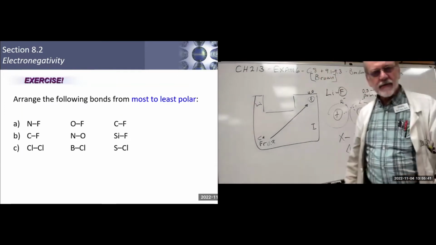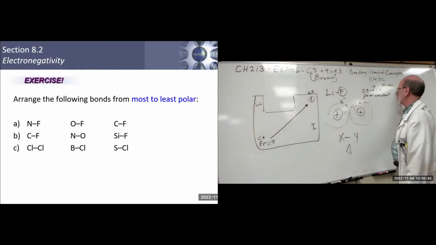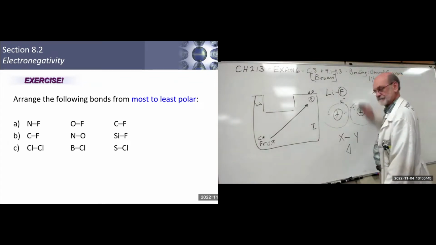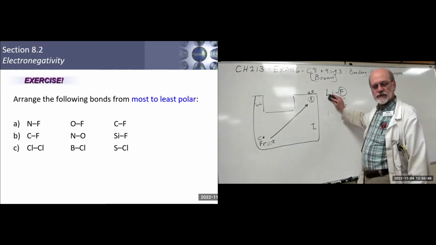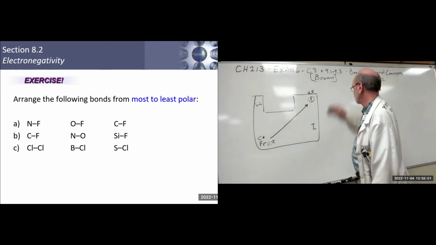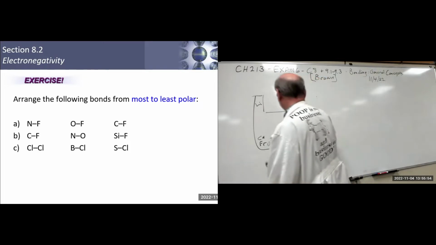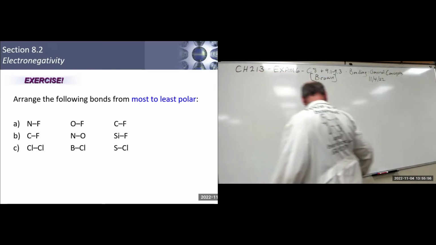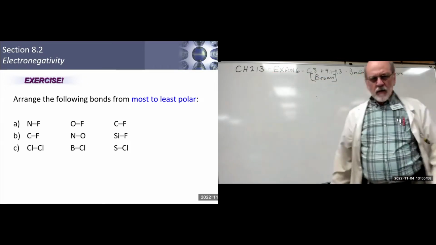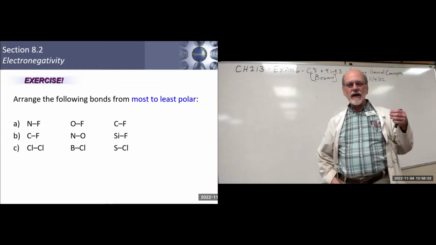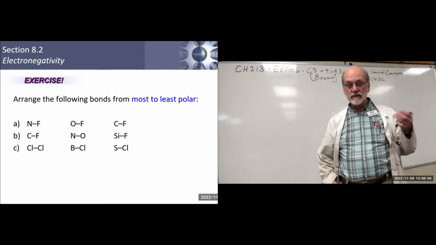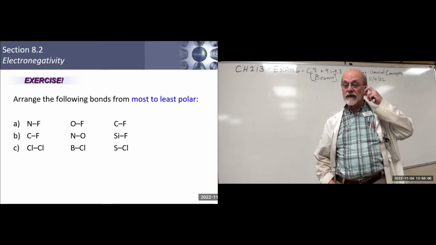Okay, let's see if we can arrange these bonds from most to least polar. One thing is we generally don't talk about ionic bonds as polar or anything else. They're just ionic bonds.